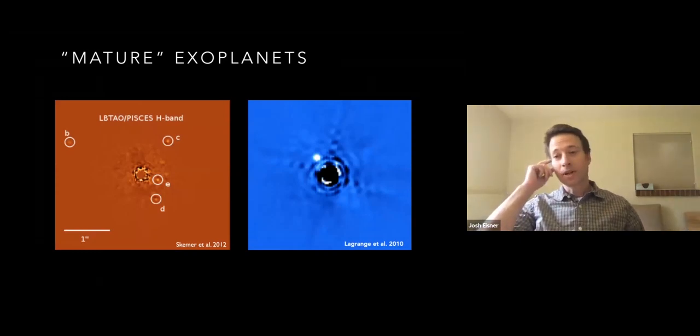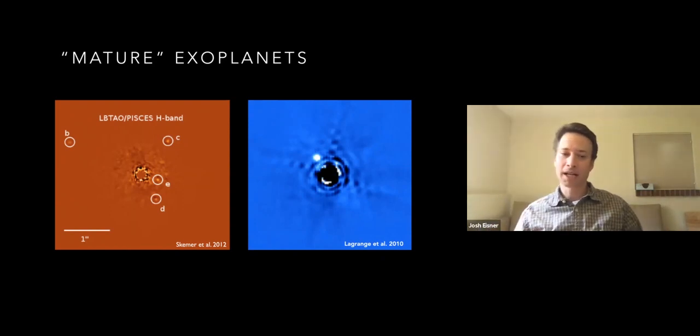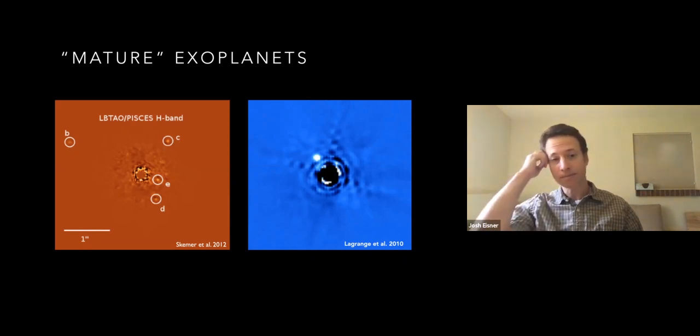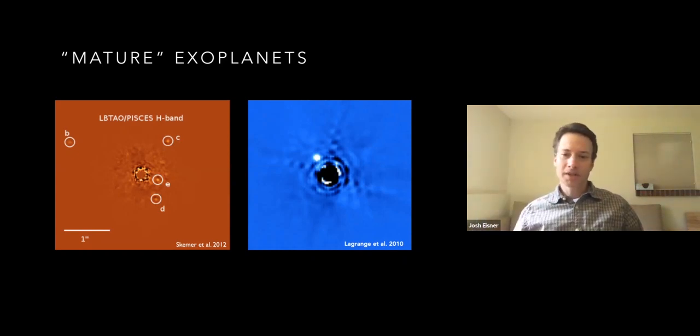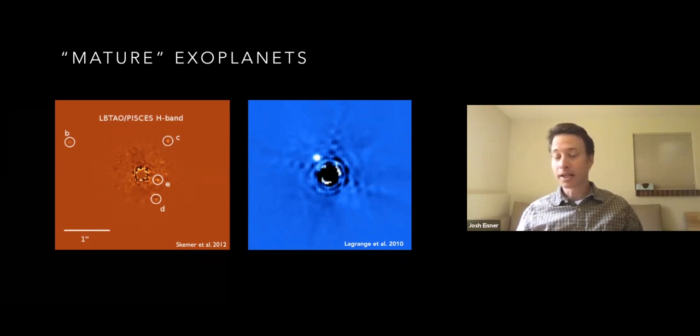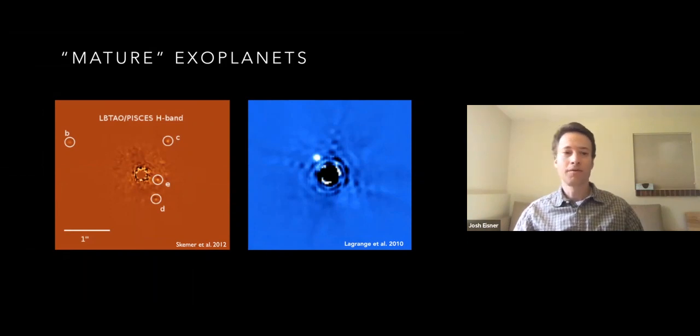All right, so most of these things are what we would think of as mature exoplanets. So not the very young planets, which I will mostly be talking about as the talk progresses. These are planets that are more or less fully formed. Maybe they still retain some heat, so they're young in that sense, but they're not actively forming. And here are some examples. On the left, you see the HR 8799 system imaged with LBT, this multi-planet system with 4 known planets around an A star.